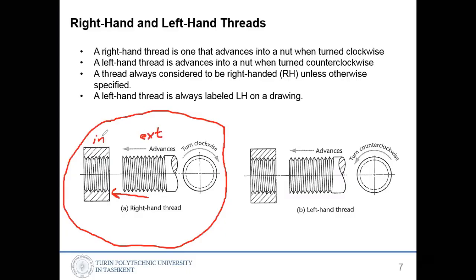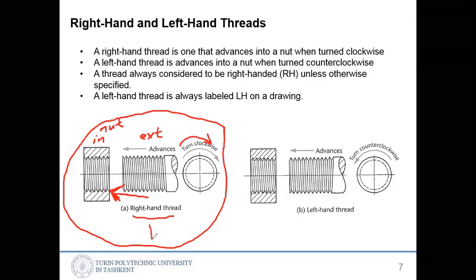So this is a bolt, that's a nut. If you want to screw in, and you turn the bolt to the right hand side, then that is a right hand thread.